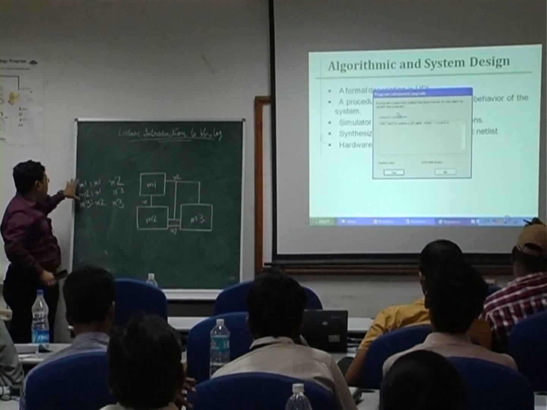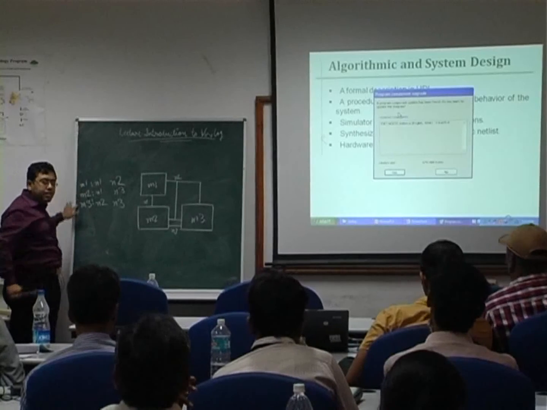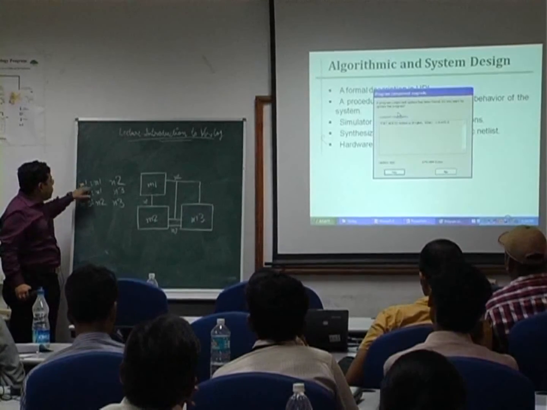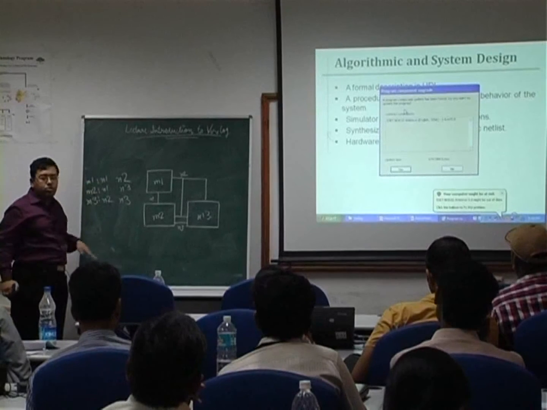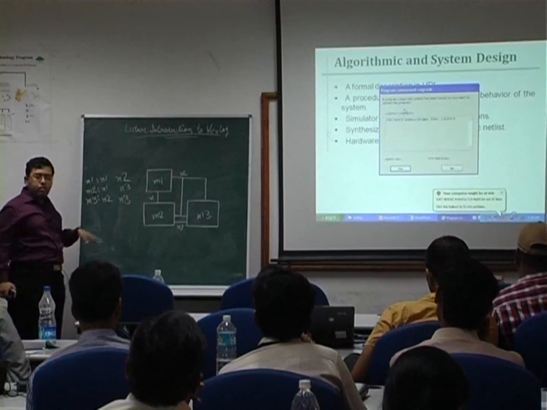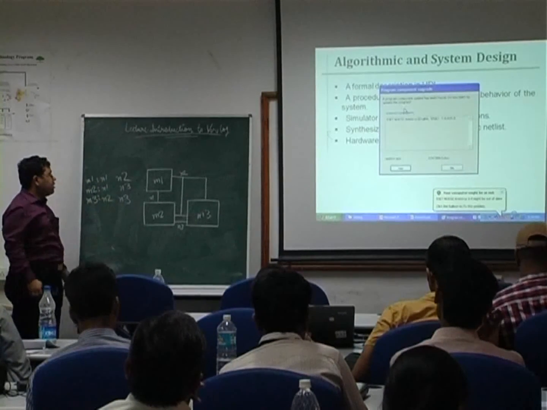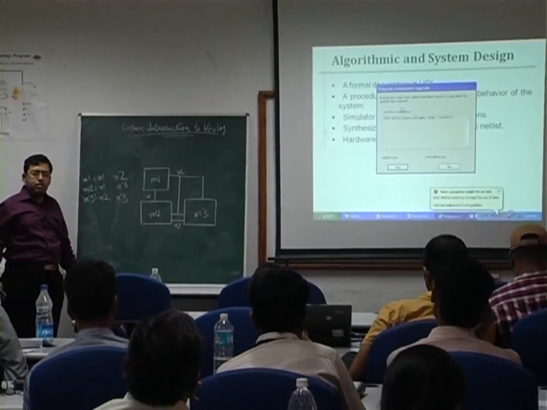So we can have a list like this which depicts the list of modules and what are the nets connected to the individual modules. So this is one way of depicting the structure of the circuit.